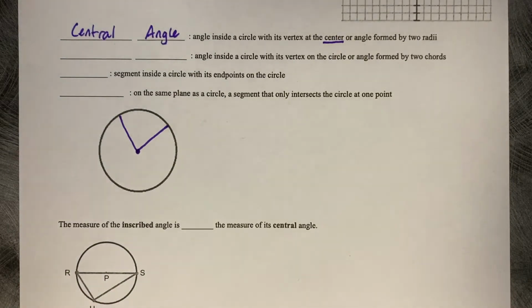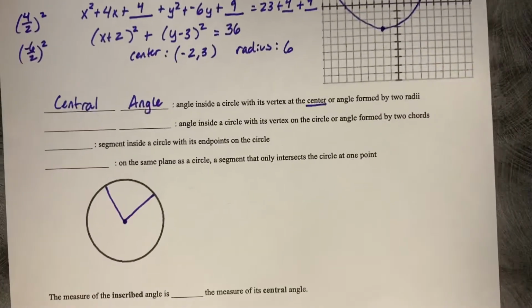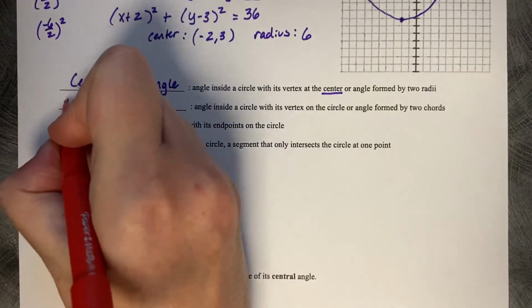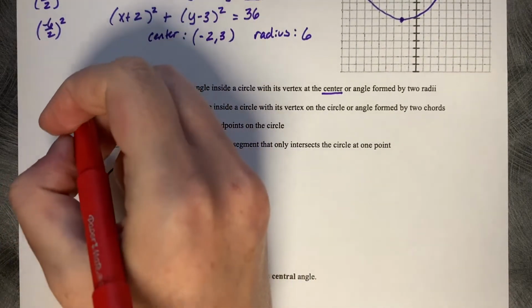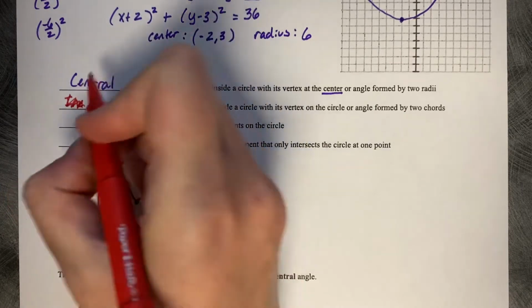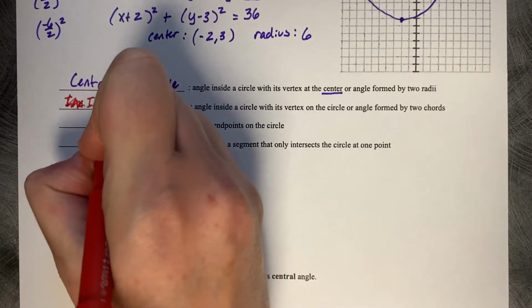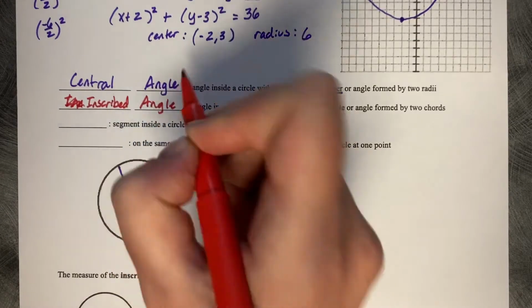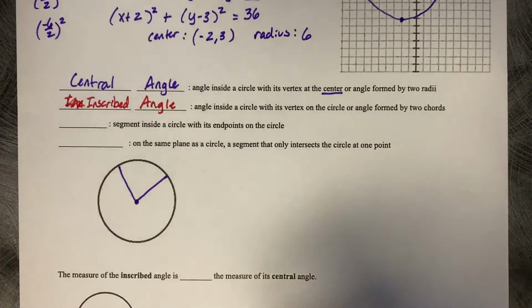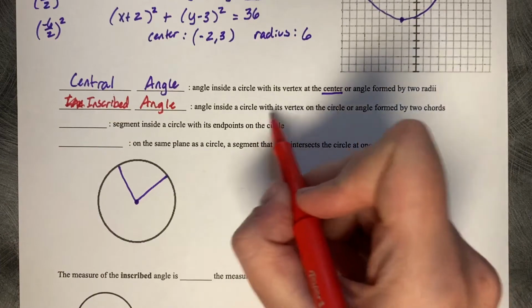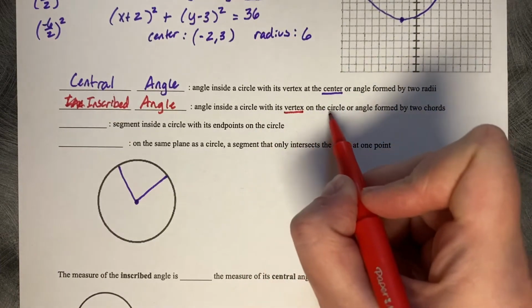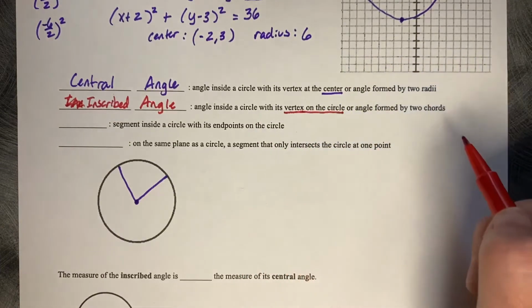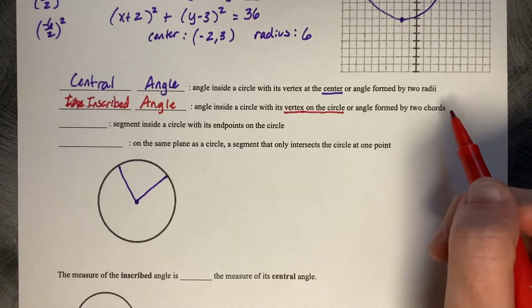Second vocabulary word we're going to learn is called an inscribed angle. An inscribed angle is inside of a circle, but its vertex is on the circle, and it's formed by 2 chords.